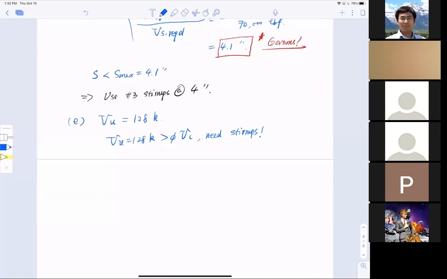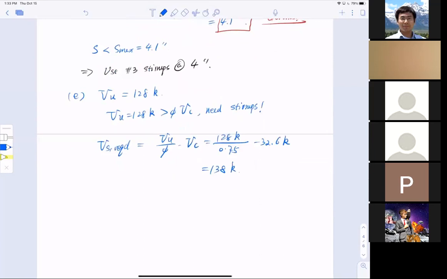Now I should just calculate the required shear from stirrups. That is Vu divided by phi minus Vc. So this is 128 kips divided by 0.75 minus 32.6 kips, and I have 138 kips. Yes, 138 kips, a huge number.